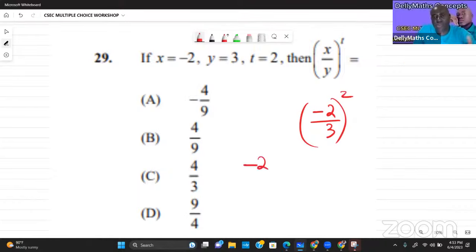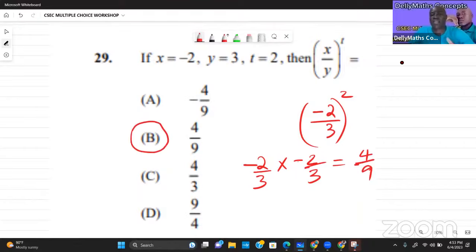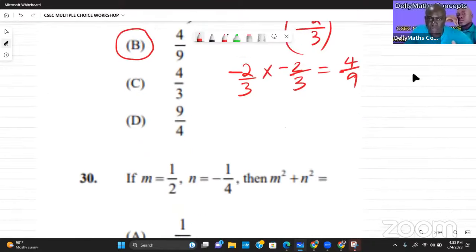Simply put, -2/3 times -2/3. You want to just take your time, go through. Negative times negative is positive, so the answer is positive 4/9. You're looking for that, and try not to let the answers trick you, because you see they have 9/4 and stuff like that. Be careful.